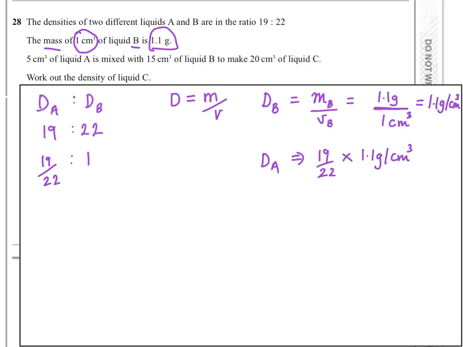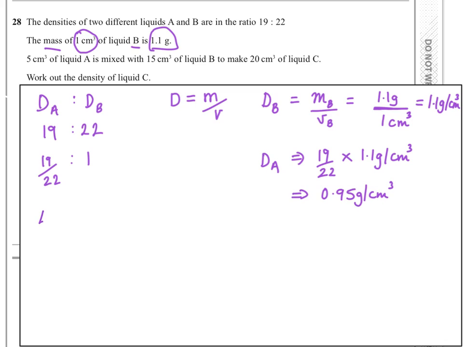And I'm definitely going to do that on my calculator because I'm not going to take any risks. 19 divided by 22 times 1.1, and I get 0.95 grams per centimetre cube. So that's the density of A.